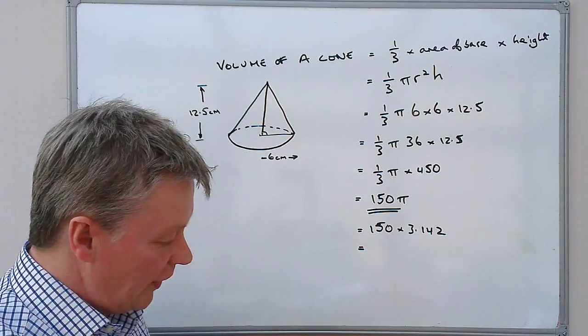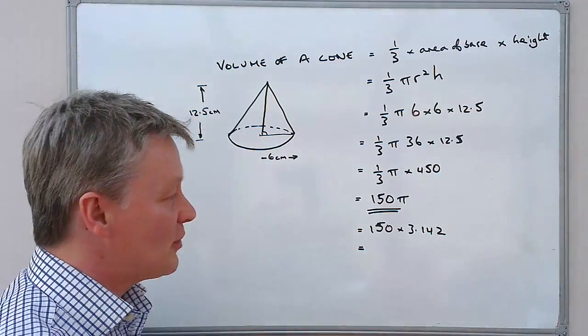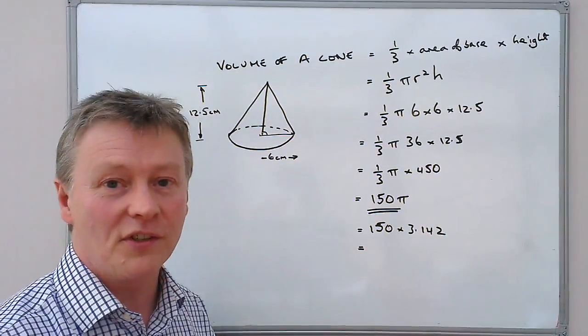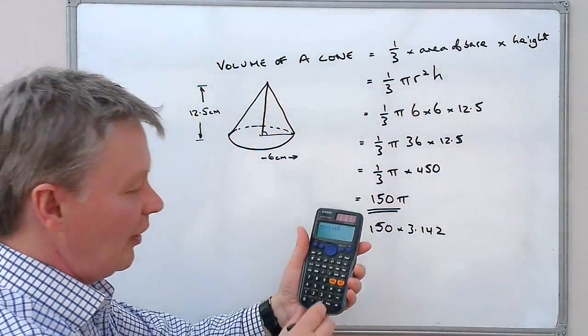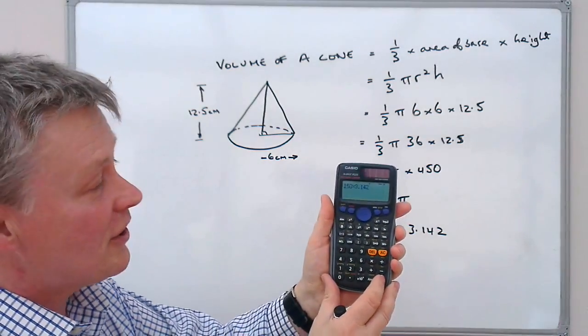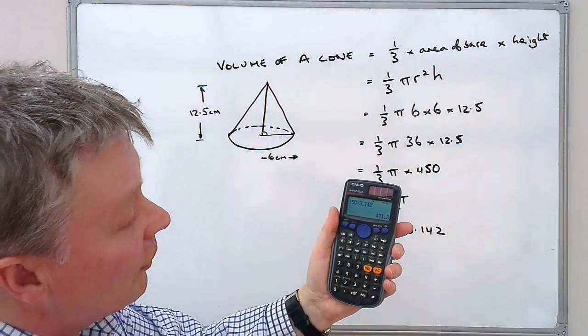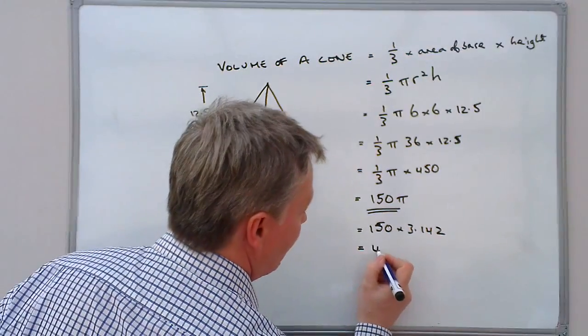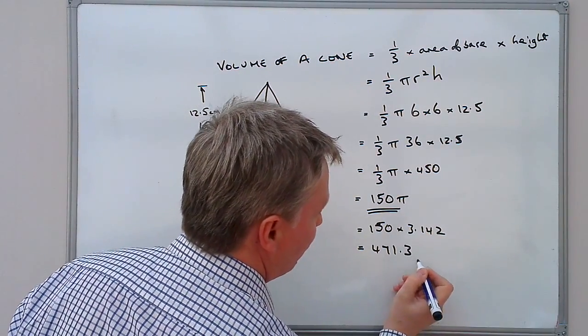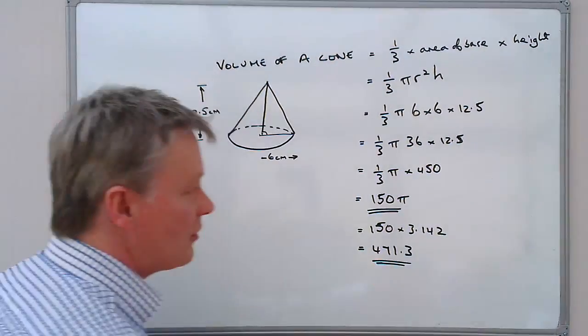You can also use the value of pi on your calculator as well, but usually in these questions they will give you the value. But if I multiply that, and hopefully you can see this on the video, that would give me a value of 471.3. Okay, so those are my two values.